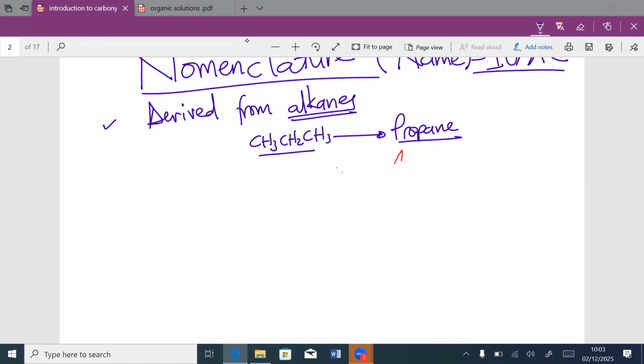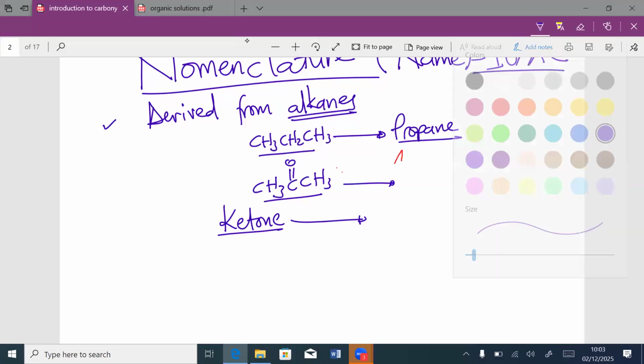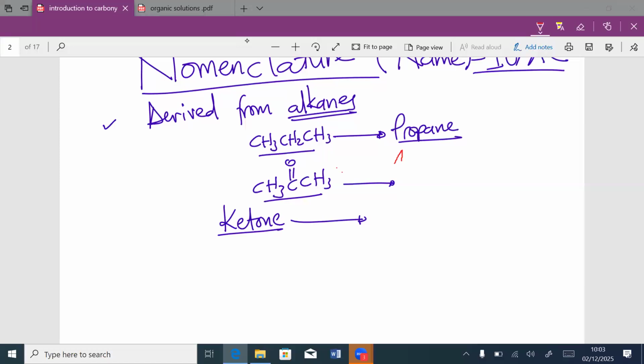But if I'm having a compound like this, CH3, C double bond O, CH3, this compound is a ketone. Now for ketones, instead of us having the E for the alkane, we are going to replace it with a suffix that is called one or on.